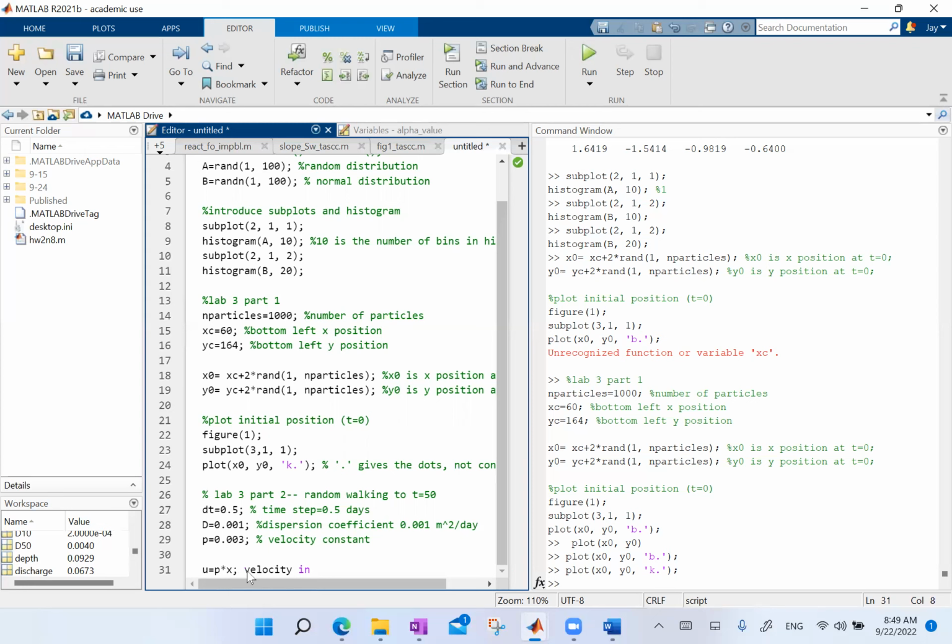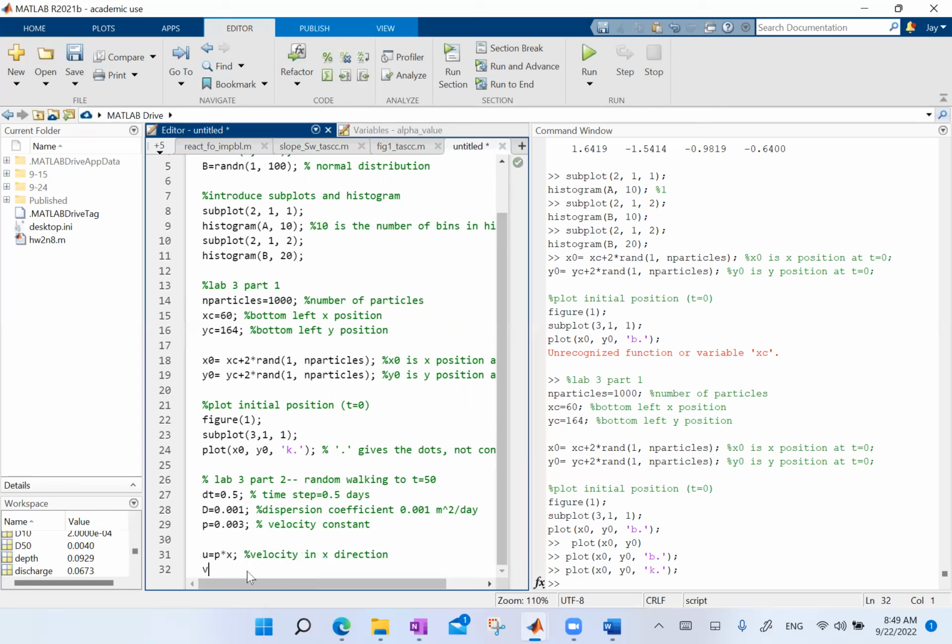As you know, I have not defined what x is yet. And v is going to be negative p times y. This is the velocity in the y direction.